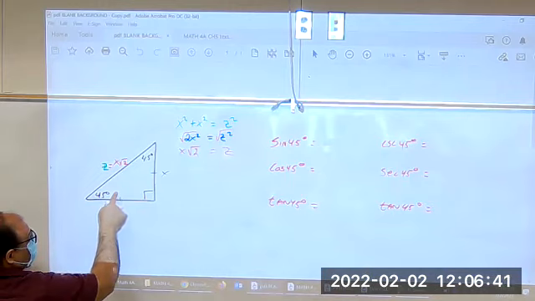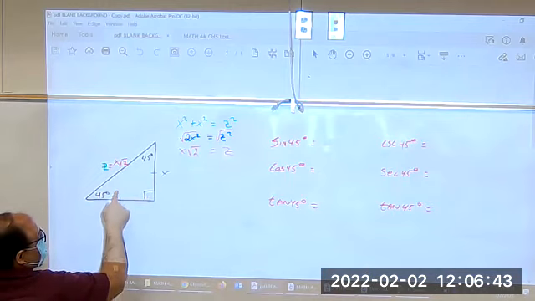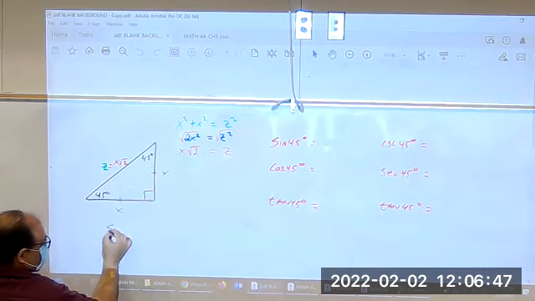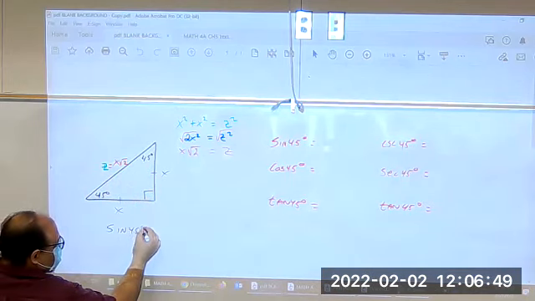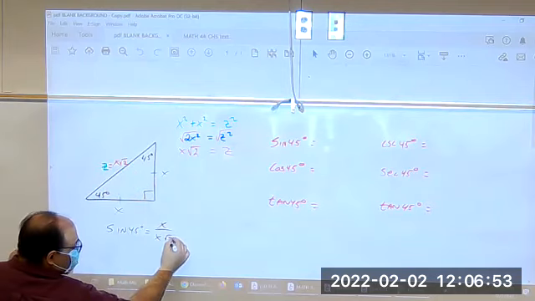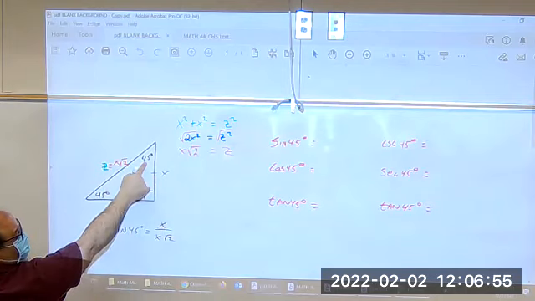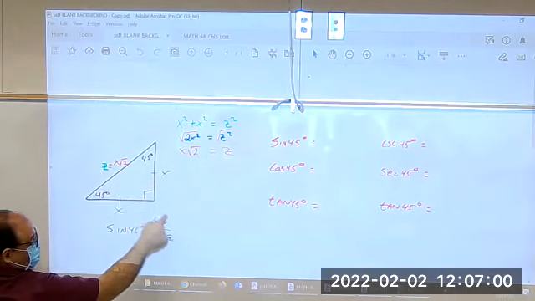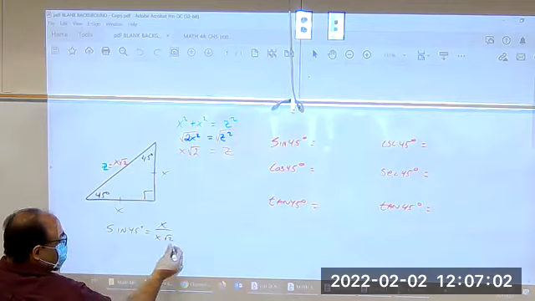Sine 45, it doesn't matter which one you pick, sine is opposite over hypotenuse, x over the hypotenuse, which is x square root 2. If you use this 45, opposite is x, and hypotenuse is still x square root 2. You're going to get the same ratio.